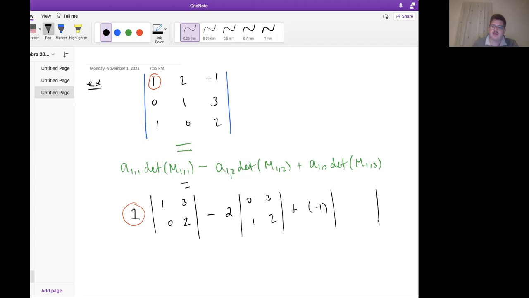And what's M13? Yep, 0, 1, 1, 0. Any questions on the M's? Everyone see how we got the matrices there?